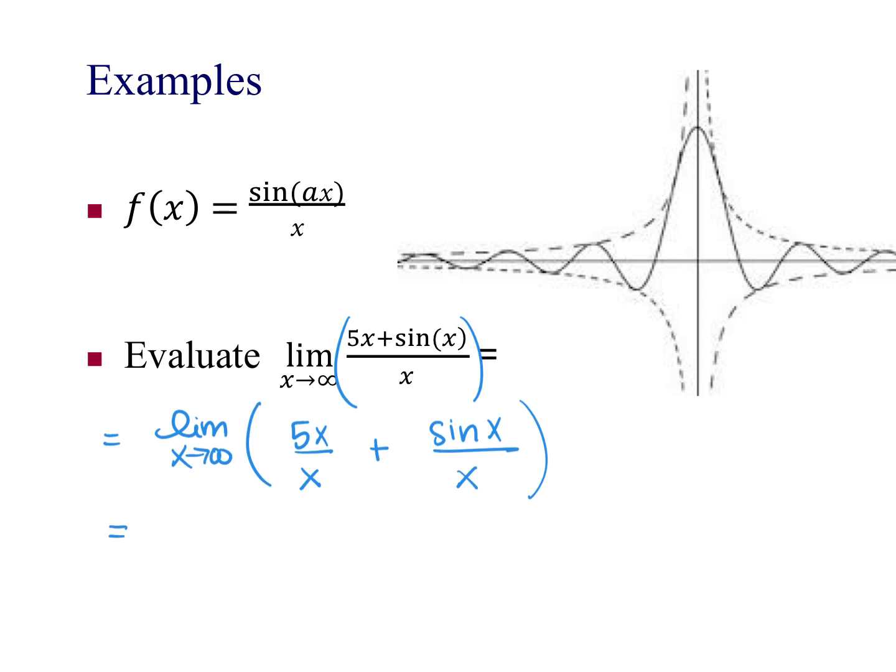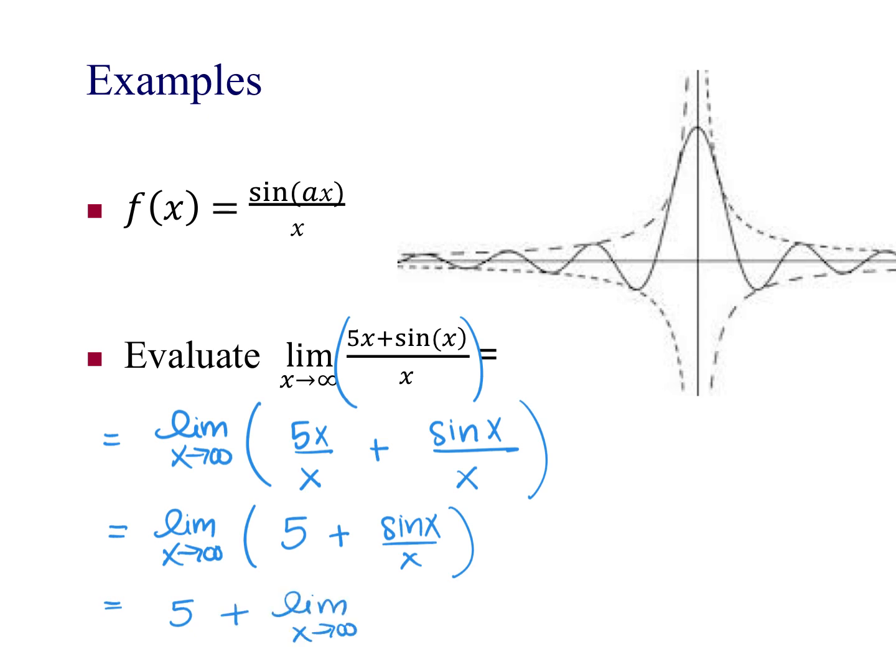So I'm going to have the limit as x approaches infinity that will reduce to plain 5 plus the sine of x over x. Can I pull that out in front? I can, as long as I have a 5 plus then, not a 5 times. So this would be 5 plus the limit of x approaching infinity of the sine of x over x.